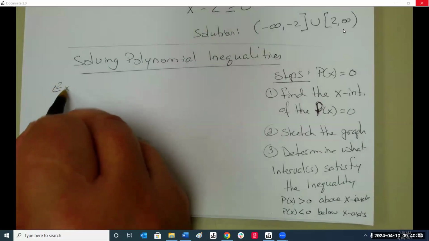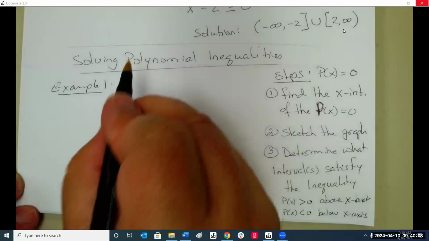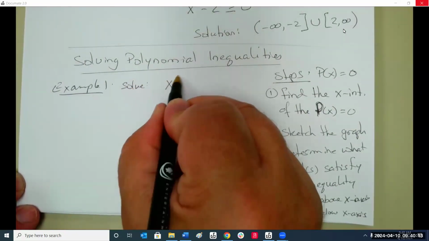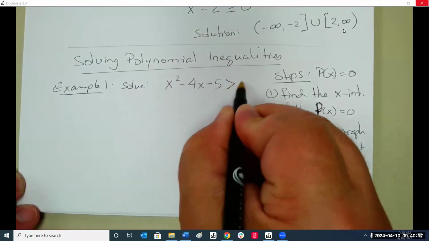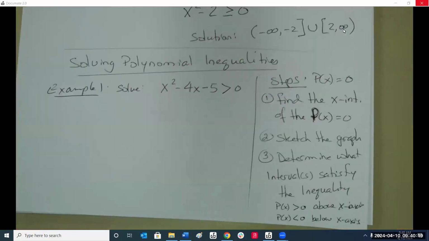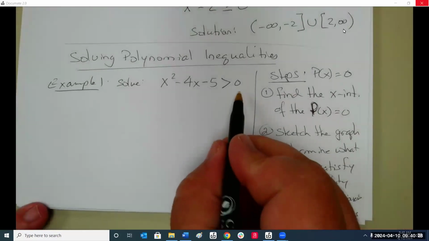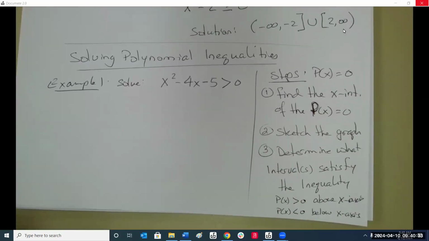Let's look at example 1. Solve x squared minus 4x minus 5 is greater than 0. So we've got a 0 on one side. That's good. Now what do we do? Factor.